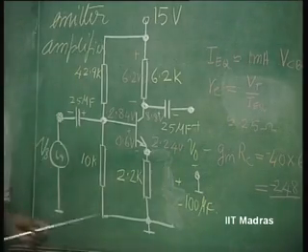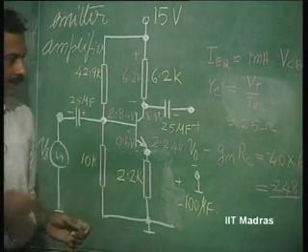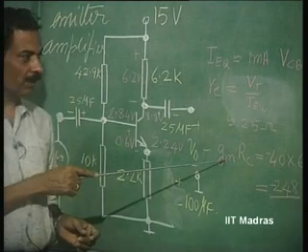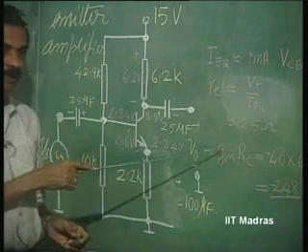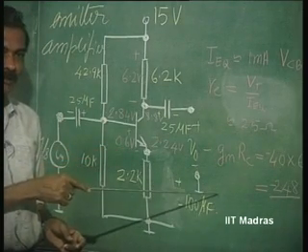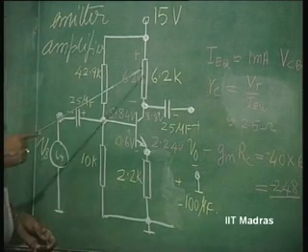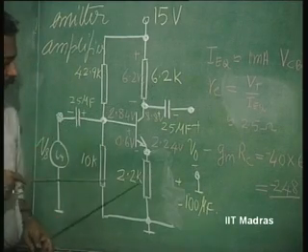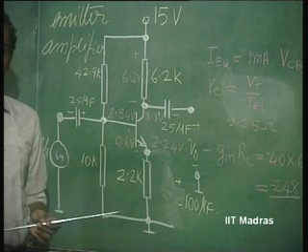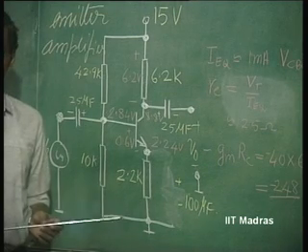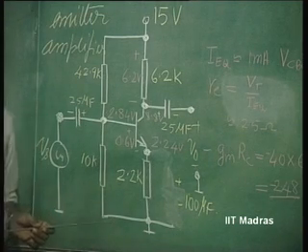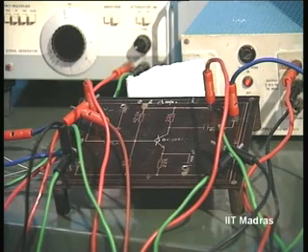Now the gain will be much reduced, because instead of Gm as 1 over small re, we will have 1 over capital Re coming into the picture, which is 2.2 K. So that is 6.2 K over 2.2 K, wherein you only get a gain of about 3. So this we can see.